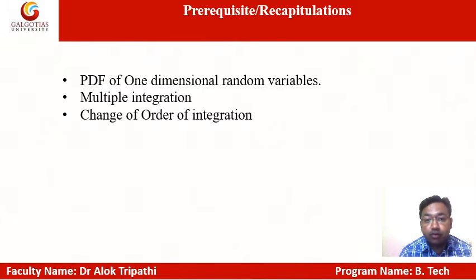Next, the change of order of integration. So these three are prerequisites for studying the joint probability density function of two continuous random variables.